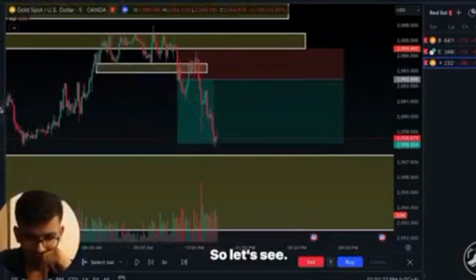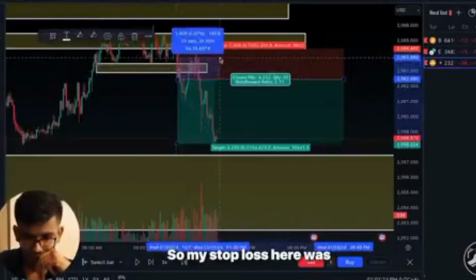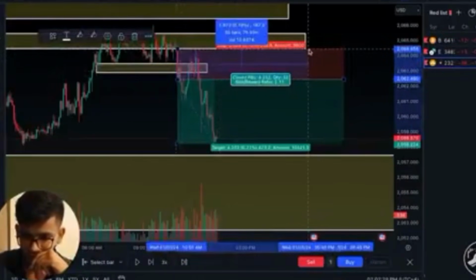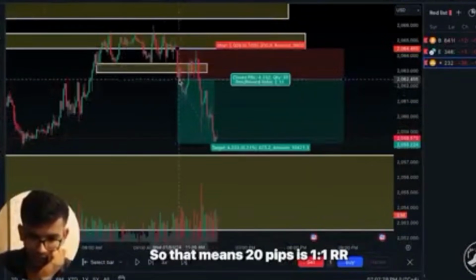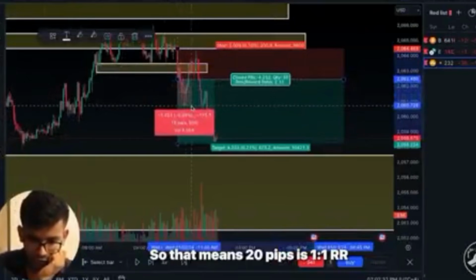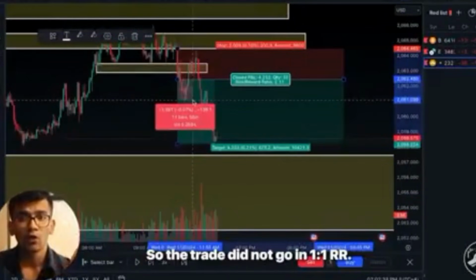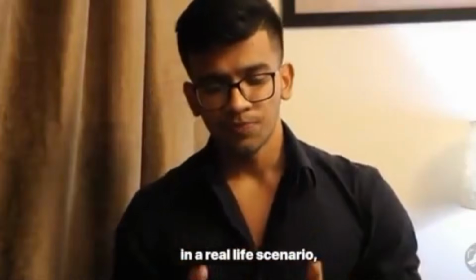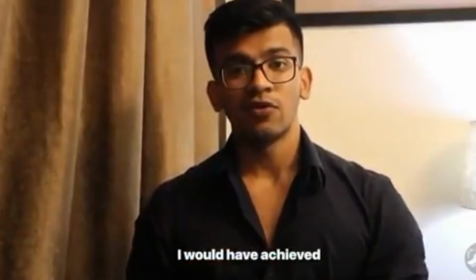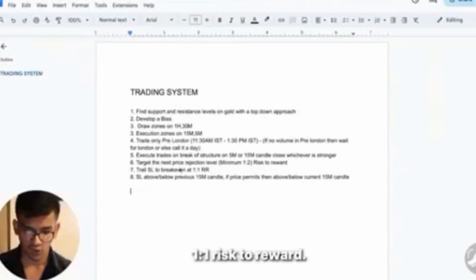So let's see. My stop loss here was 20 pips, right? 20 pips was my stop loss. So that means 20 pips is 1:1 RR. The trade did not go to 1:1 RR. In a real life scenario, if this trade had gone in my favor, I would have achieved 1:1 risk to reward.